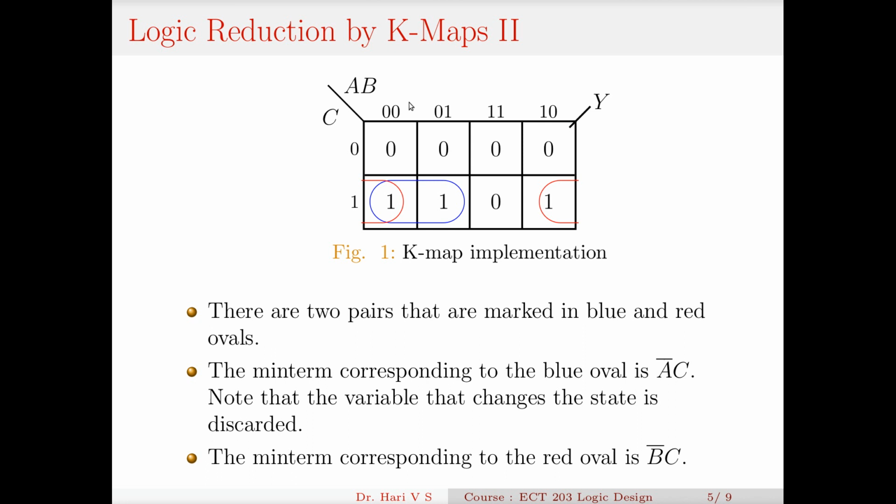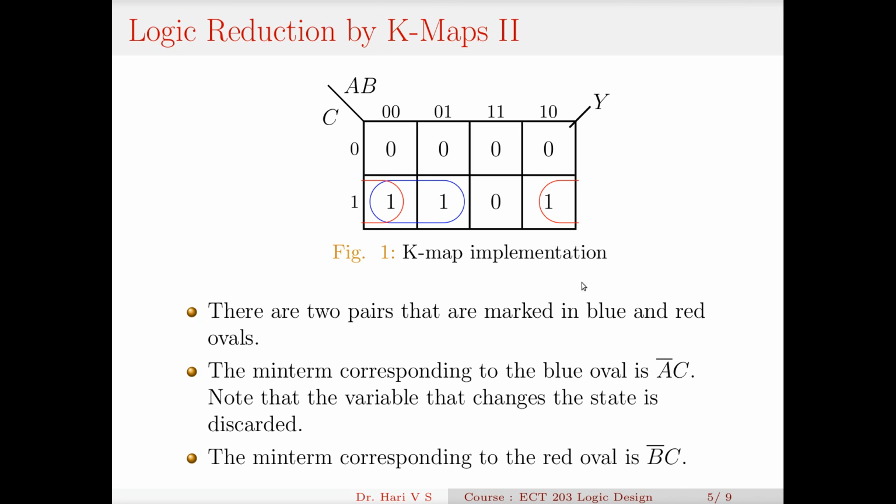The first 0 changes to 1, so I ignore that. The second one is B complement, because that 0 does not change. It is not B, it is B complement, because it's a 0. So the minterm corresponding to the red oval is B complement and C.